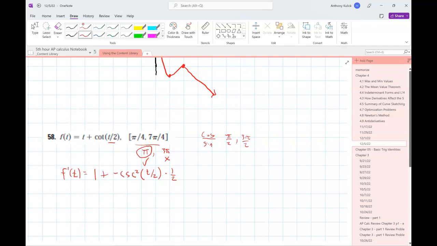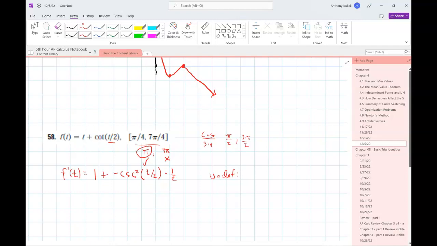Now I need to look at where cosecant squared is going to be undefined. What's the great news? Well, it's at the same place that cotangent is going to be undefined, because cosecant is 1 over sine.